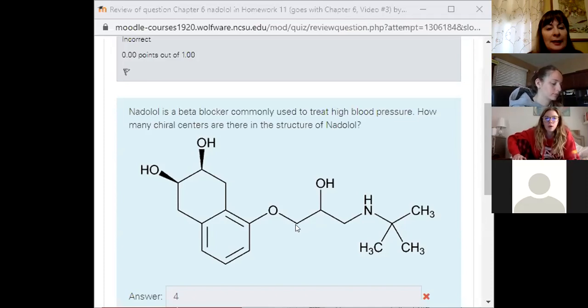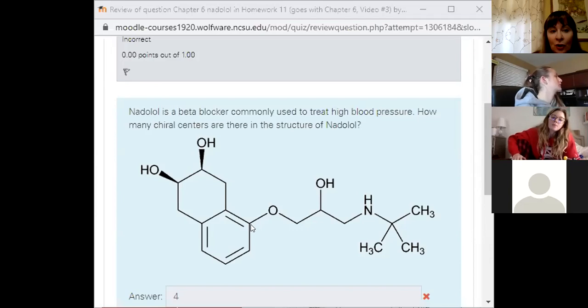Okay. Now, the next carbon on the list here is a CH2. Can CH2s be chiral? No. So this carbon cannot be chiral. Then we get to all these carbons here in the benzene ring. And you know that every single carbon in a benzene ring is double bonded to carbon, at least on one side, right? So can this carbon here be chiral?